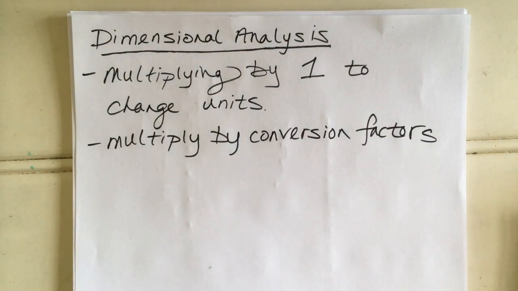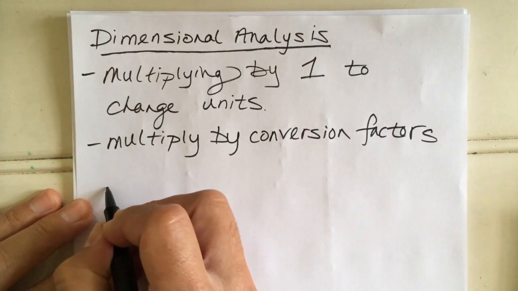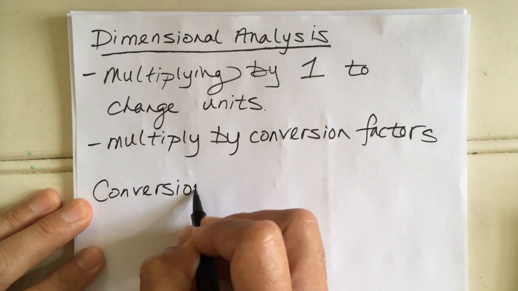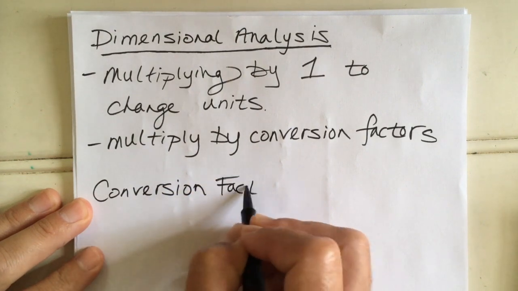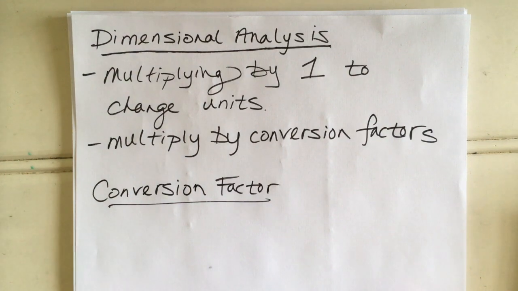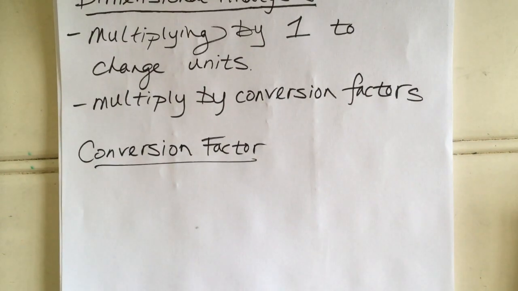Okay, so when we do this, a good thing to state is, what is a conversion factor? So let's start with that first. How are we using conversion factors, and what the heck is a conversion factor?